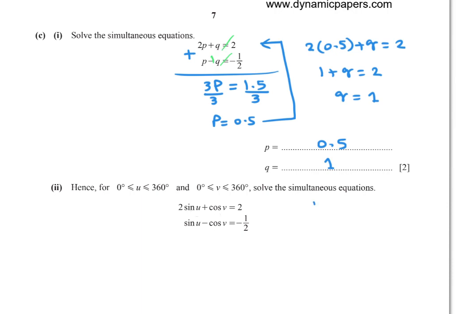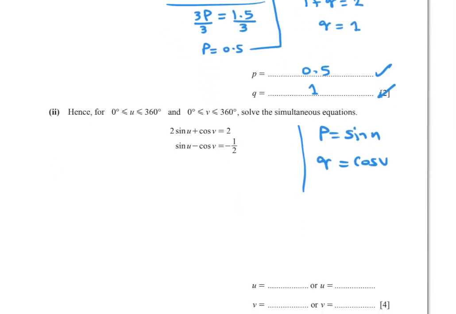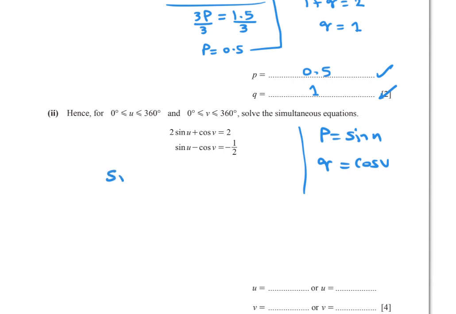It's the same previous equation, but with p as sine u and q as cosine v. We solved for p and for q, so sine u equals p, which is 0.5, and cosine v equals 1.